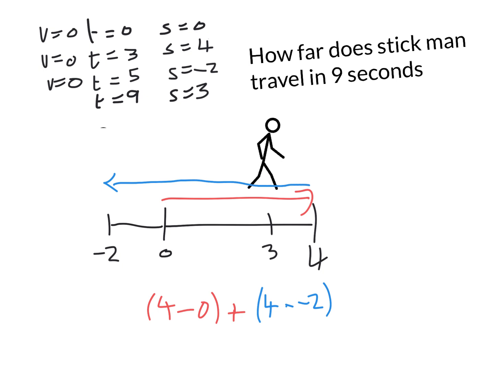After 5 seconds, he went to minus 2. And then in the last part of the journey, after 9 seconds, his displacement is 3. So he goes from here, minus 2, to here at 3. And then that distance is the difference between -2 and 3. So I'm doing 3 take away -2.